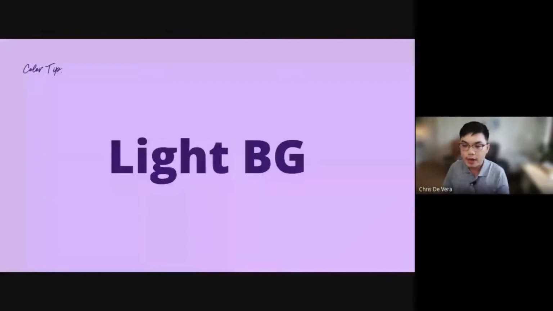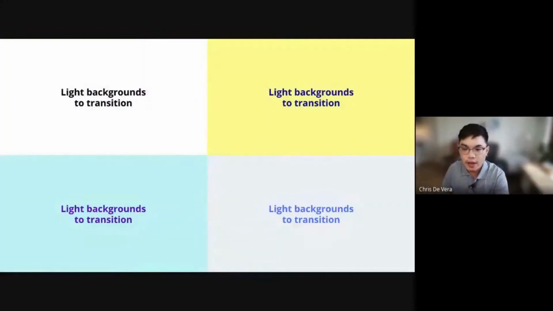So you can use a light background for your intro slide, for your title slide, and then dark backgrounds for the rest of the slides. And here are examples of light backgrounds that you can use to transition between your topics. So yeah, all of these colors, possible siya, you can use them. Okay, so that's my tips for color in your presentation.